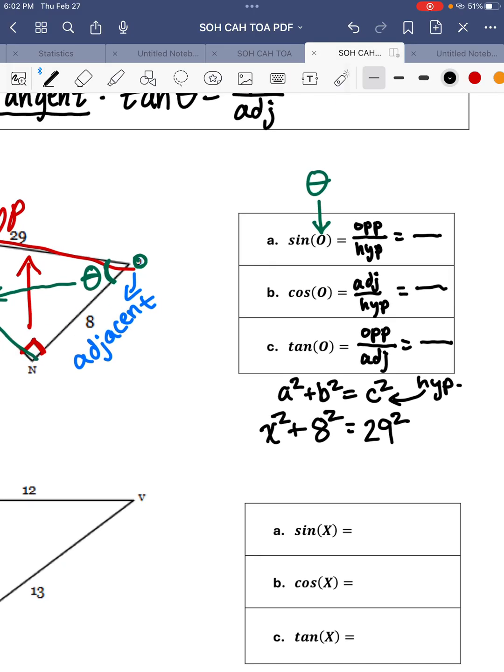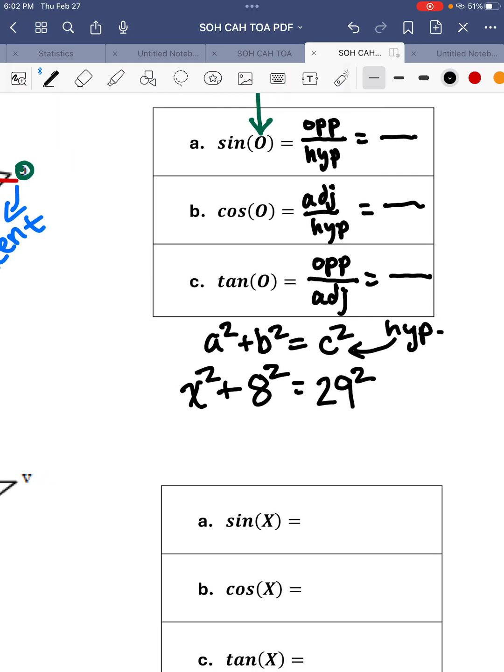All right, from here, I just need to do some algebra to isolate my x. So I'm going to subtract 8 squared from both sides. That gives me x squared equals 777.